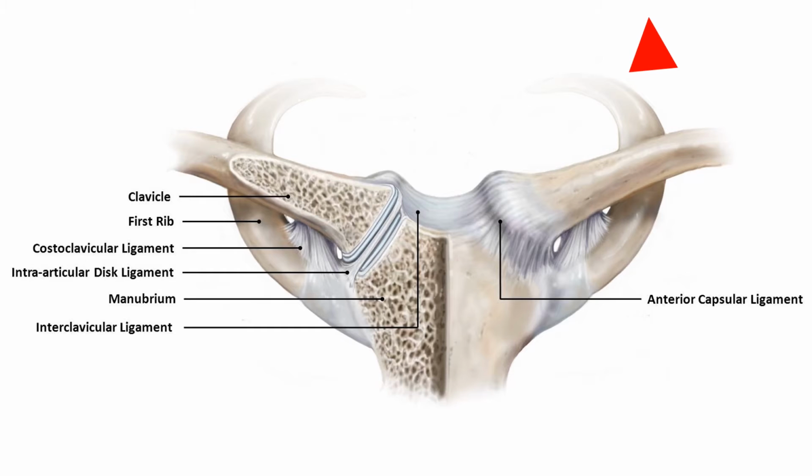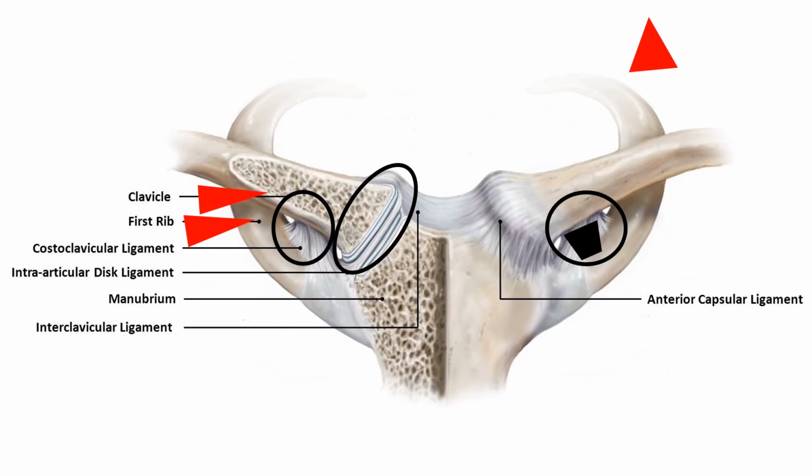Now, this image is showing me the ligament that attaches the clavicle to the first rib. And here is the joint, joining the clavicle with the sternum. And if you look laterally along the clavicle, you see that there is the first rib just inferior to it, and there is a ligament attaching the clavicle to the first rib.